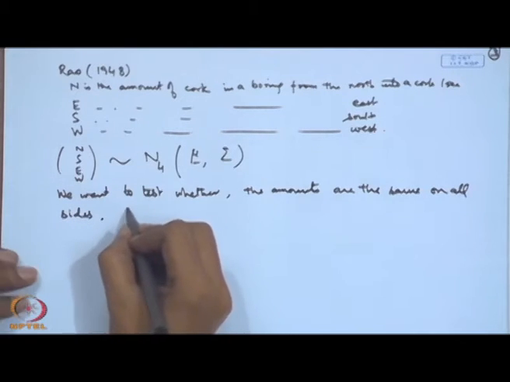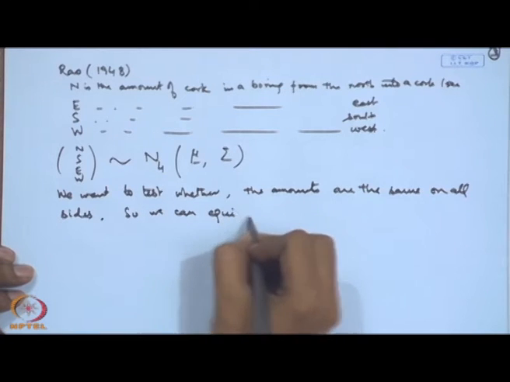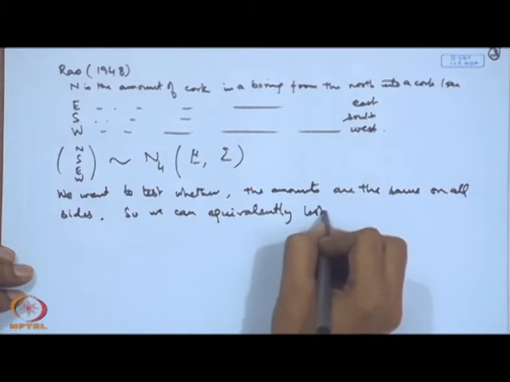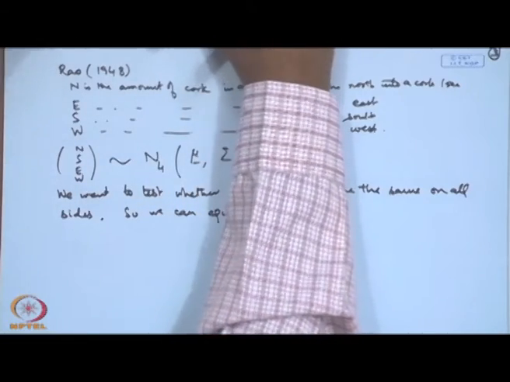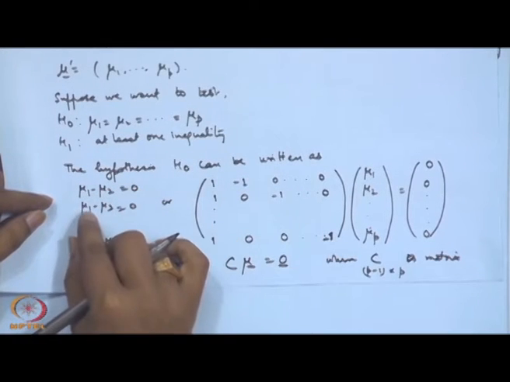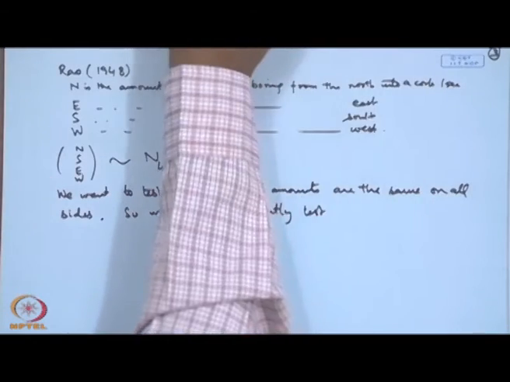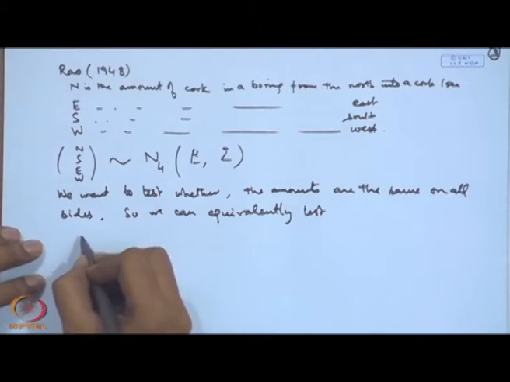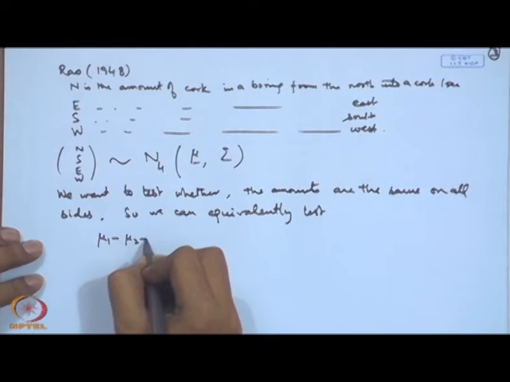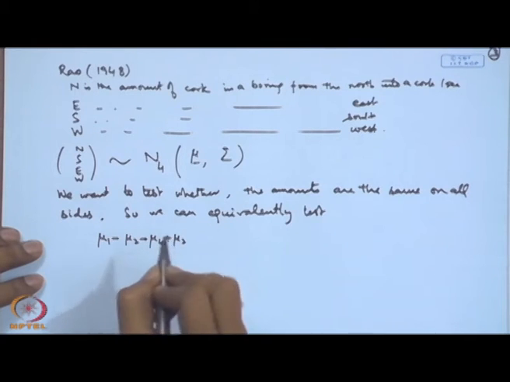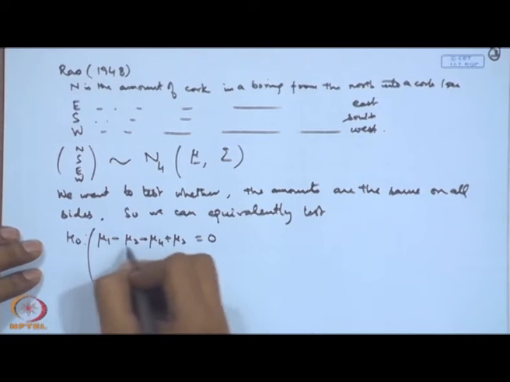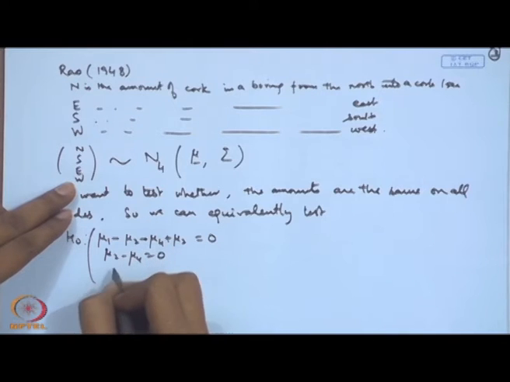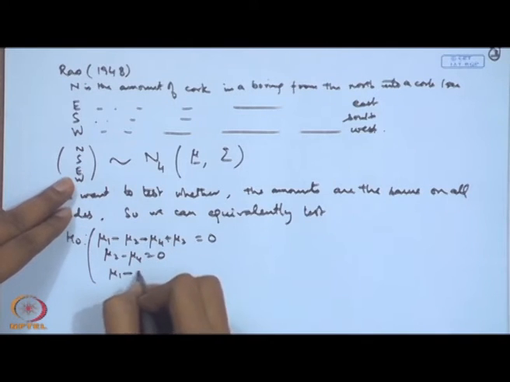So, as I have explained here, we can use this set of hypotheses: mu 1 minus mu 2 is equal to 0, mu 1 minus mu 3 is equal to 0, mu 1 minus mu 4 is equal to 0, or we can also use say mu 1 minus mu 2 minus mu 4 plus mu 3 is equal to 0, mu 2 minus mu 4 is equal to 0, mu 1 minus mu 2 is equal to 0, etcetera.